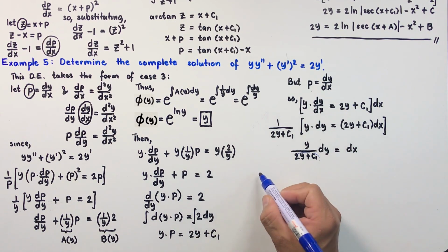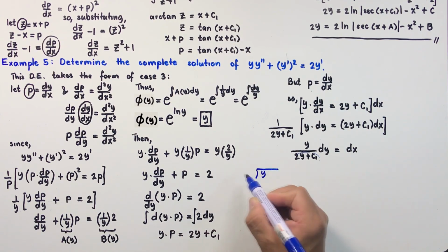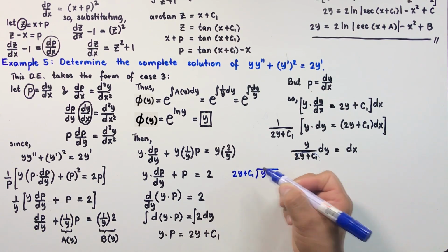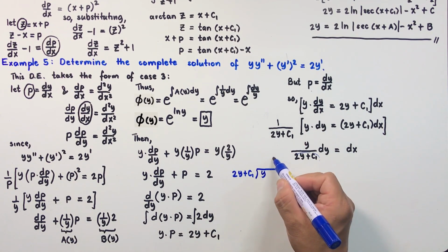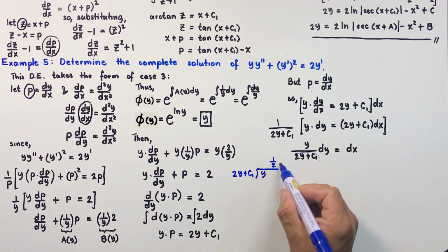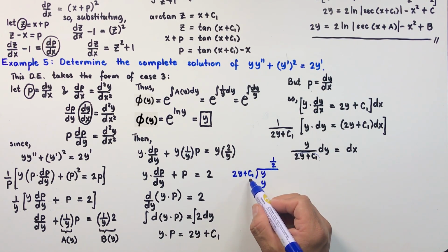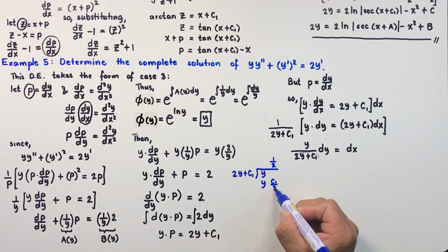So of course we need to divide the numerator by the denominator here, which is 2y plus c sub 1. So when y is divided by 2y, we have 1/2, and 1/2 times 2y is y, and 1/2 times c sub 1 is c sub 1 over 2.